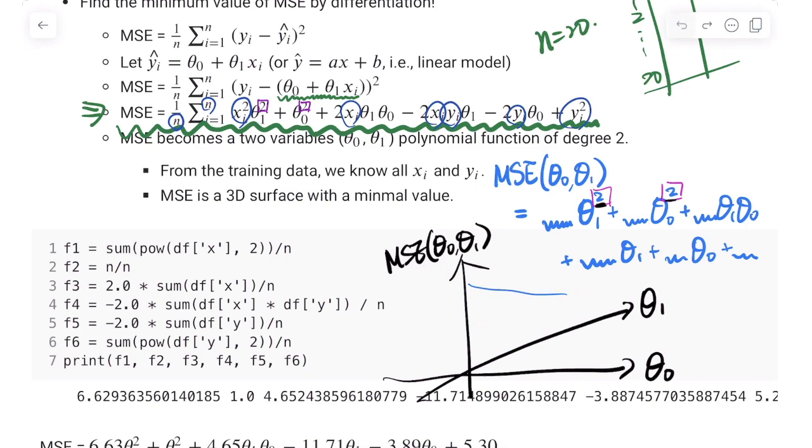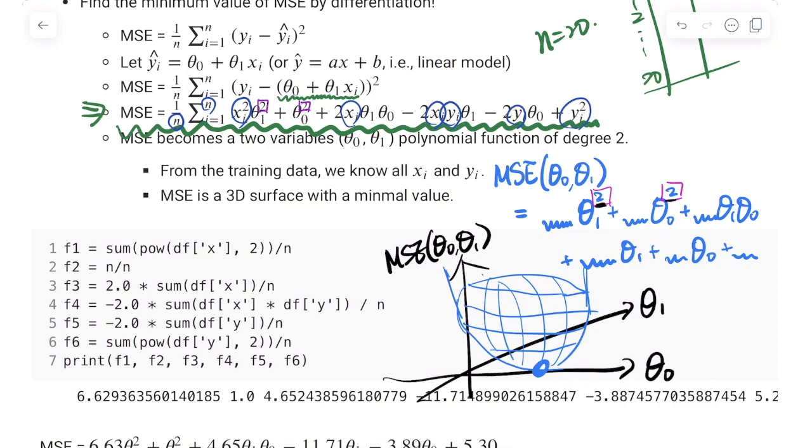It's a 3D basin. There should be some smallest point right here, and that is a basin, or like a ball.